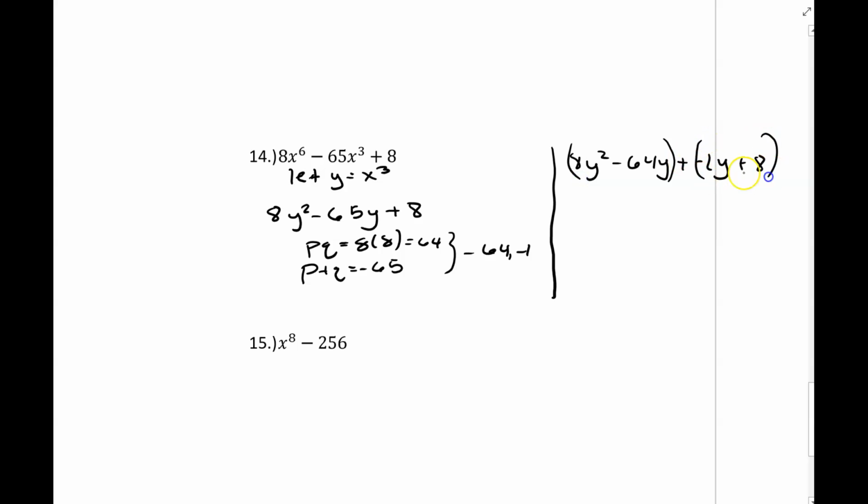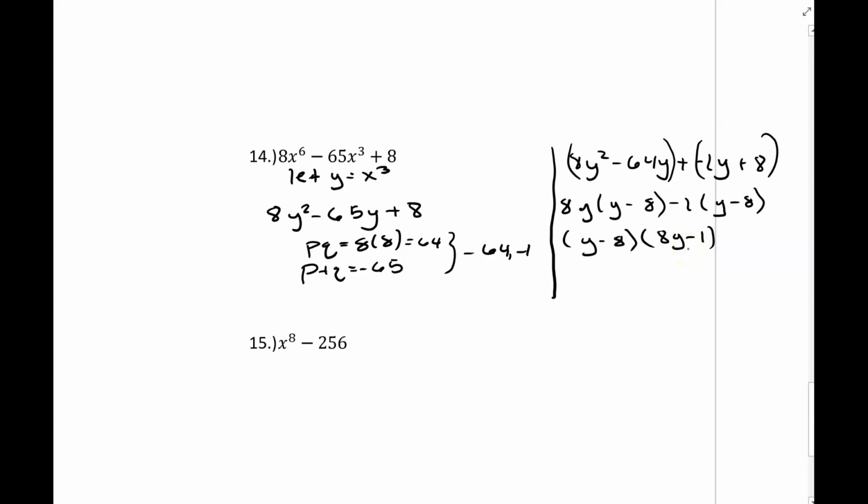And now I'm going to factor this by grouping. From the first group, I can take out an 8y. And the second group, I can take out a negative 1. And if I look at this in totality, I can take out a y minus 8, leaving me with 8y minus 1.